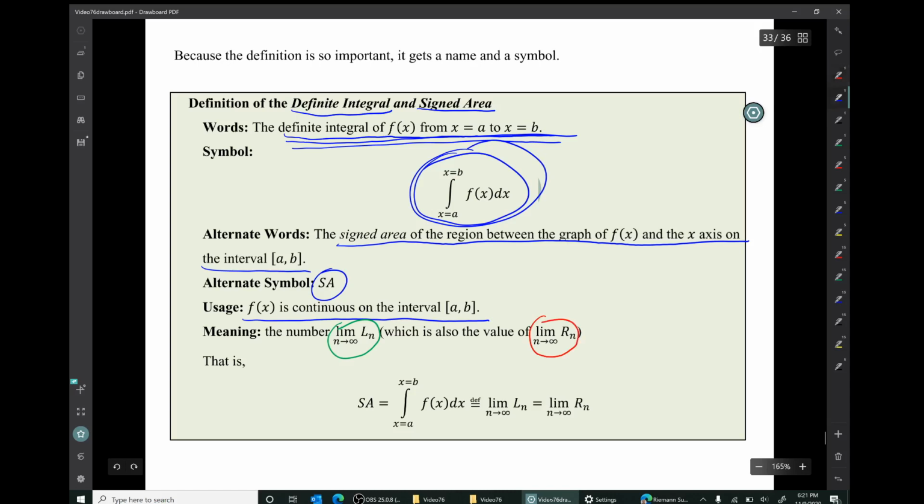That is, this thing, this signed area, which is denoted by that crazy new symbol, is defined to be that limit, the limit of those left sums, which is also that limit, the limit of the right sums.